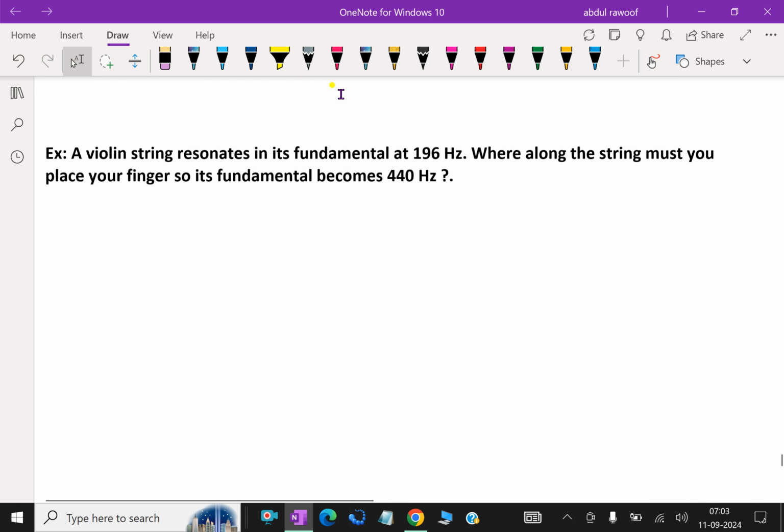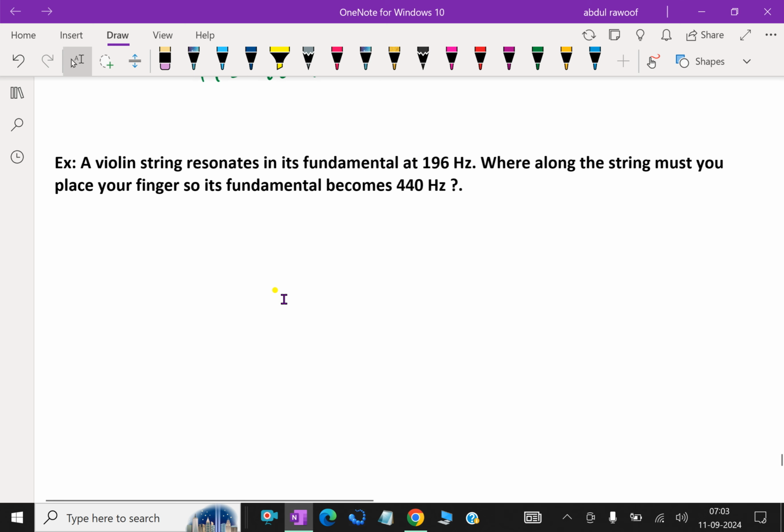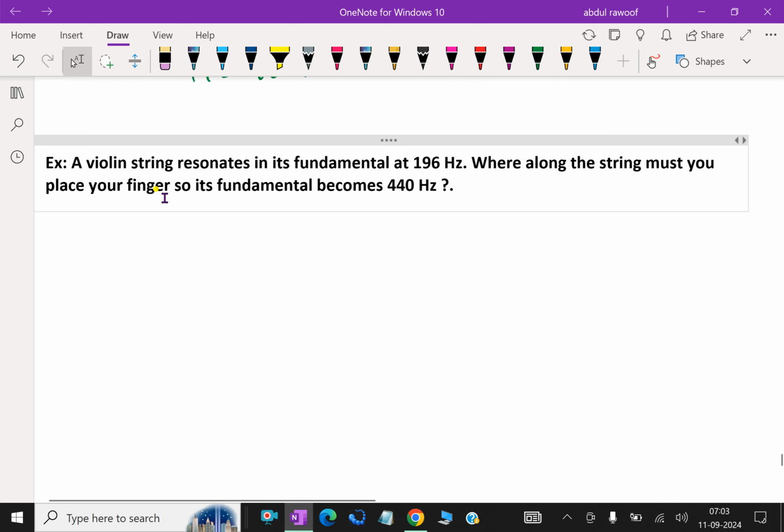Next question. A violin string resonates in its fundamental at 196 Hertz. Where along the string must you place your finger so its fundamental becomes 440 Hertz?